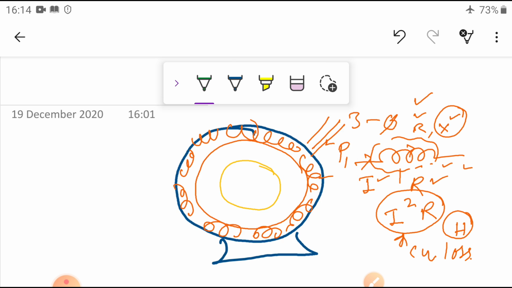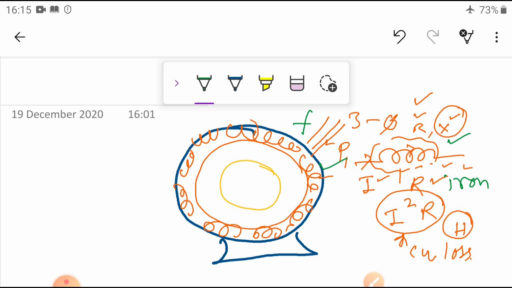The stator has winding as well as the iron core. Due to the iron core, we apply the frequency f, and there are iron losses also occurring in the stator.